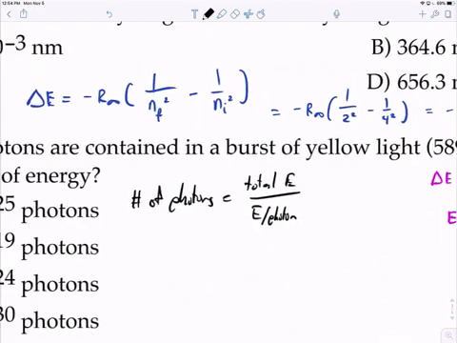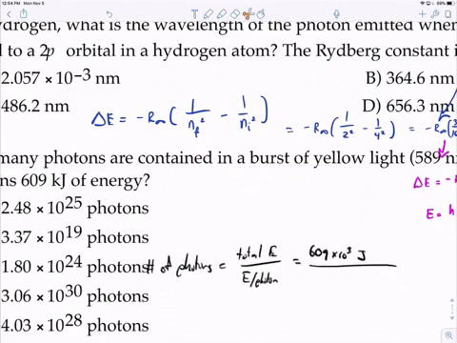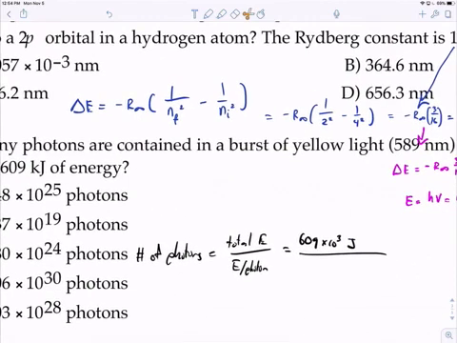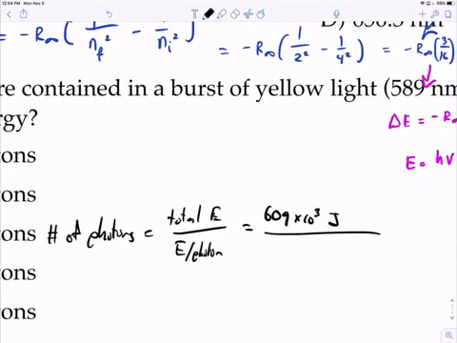And the total energy is given to us: 609 times 10 to the third joules. And then the energy per photon, for 589 nanometers, equals h nu equals hc over lambda.